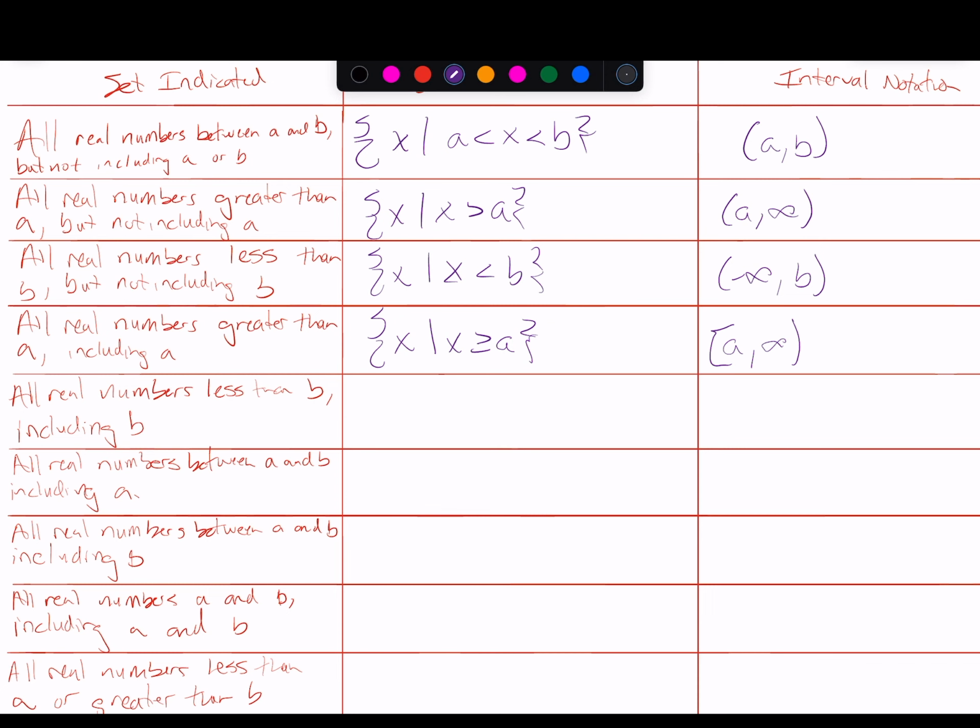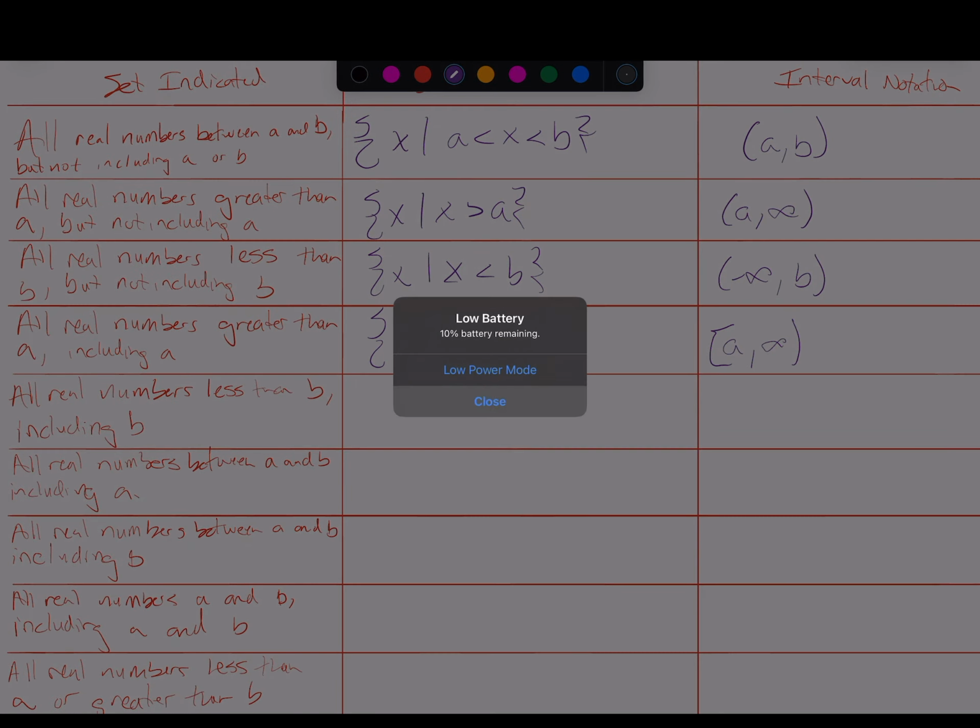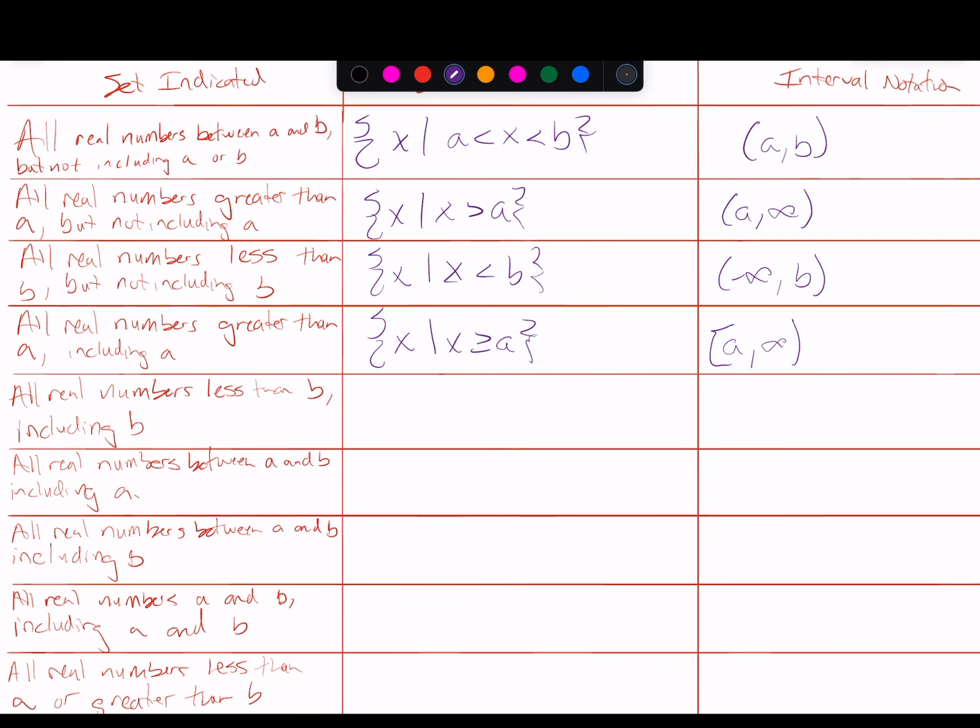Infinity always has a parenthesis because it's not a specifically defined number. Okay, all real numbers less than b, including b. Well, in set builder, that's the set of all x's such that x is less than or equal to b. And interval notation, that's negative infinity to b with a right bracket to show that b is included.